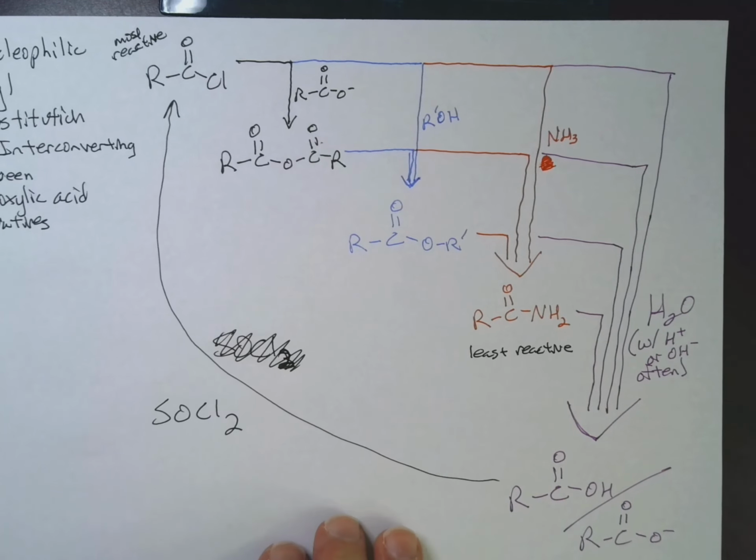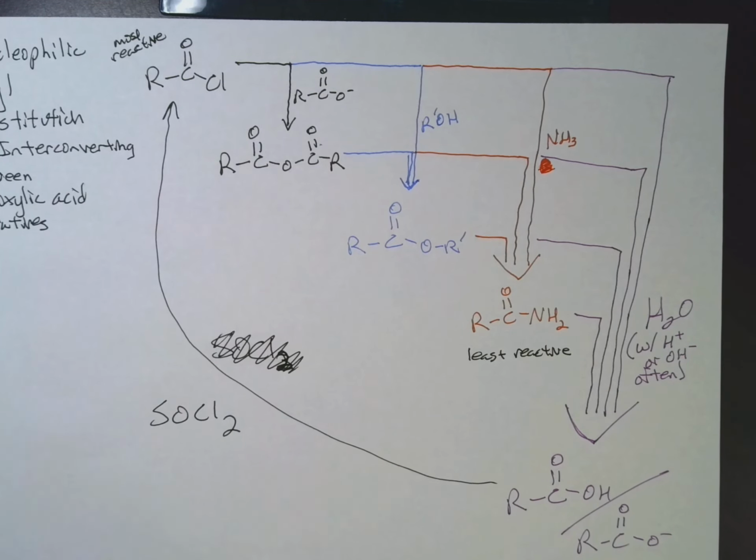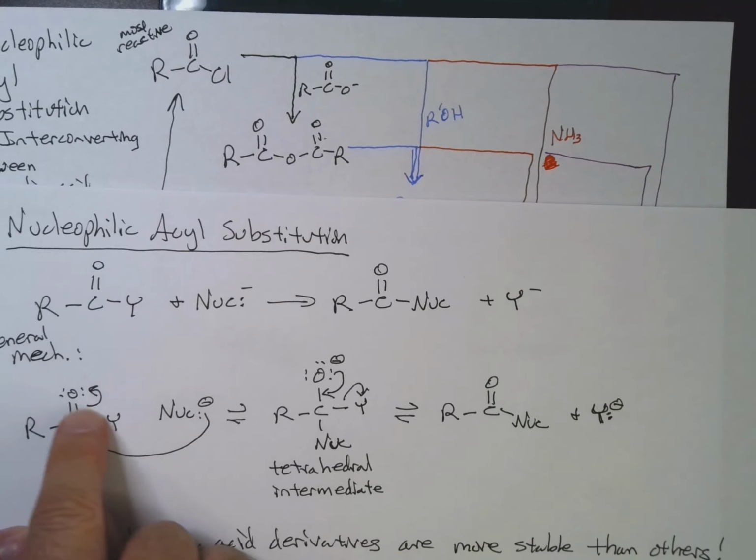So I kind of like this table. It's a nice summary, if you will, of how things are interrelated. All right. So I did go over that core mechanism for nucleophilic acyl substitution, the general mechanism.